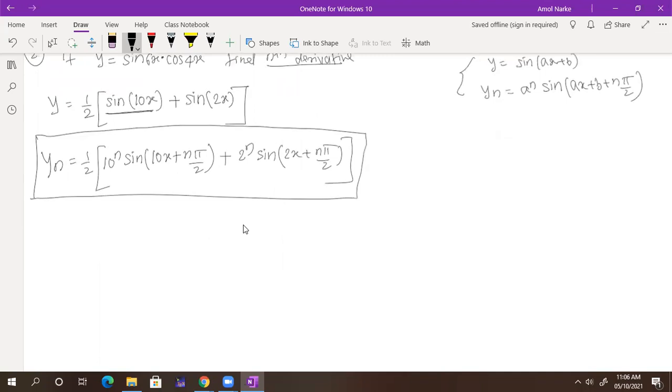Let's take the example. Find the nth derivative of y is equal to sine raised to 4x. Now tell me, because we have the nth derivative for simple sine, but we don't have any formula for sine raised to the power.